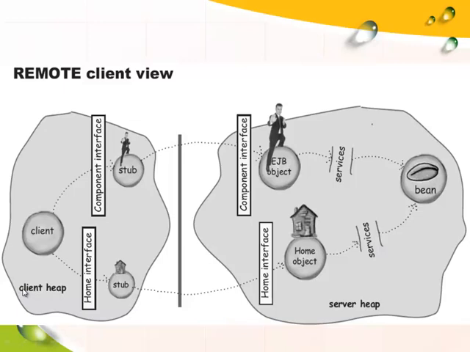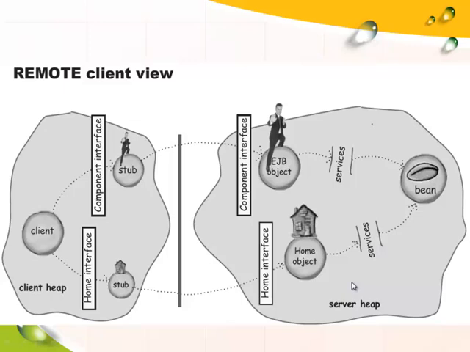That means the client can be there on some other machine which is running its own JVM, or the client can be there on the same server heap. That means the client is running directly on the same JVM. There are two different scenarios.